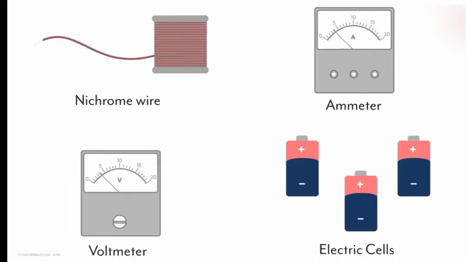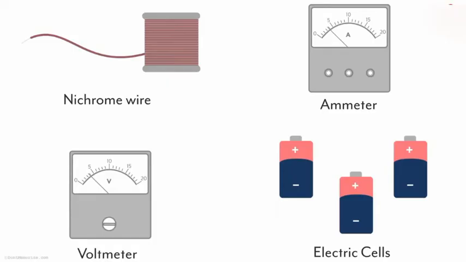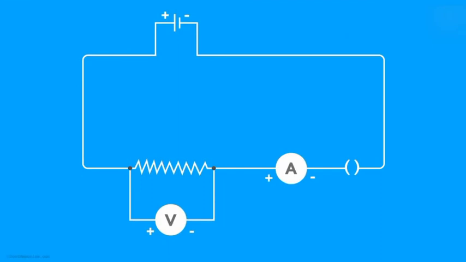Next, in order to create a potential difference in any circuit, we require a voltage source, and we are considering cells as the voltage source. A number of cells we have to consider, and if required, we can connect a key or a switch in the circuit in order to switch it on and off. These are the major components required to conduct this experiment.